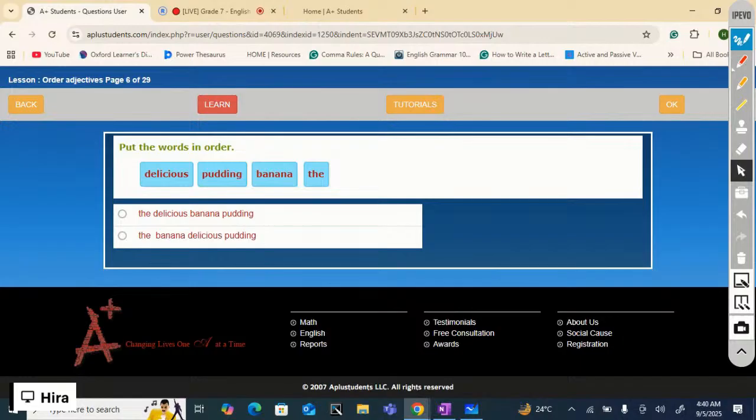Well, someone is saying option two, someone is saying option one. Look at this. Delicious is the opinion. Opinion comes before banana, which is obviously its origin. So the delicious banana pudding. The first option is correct.